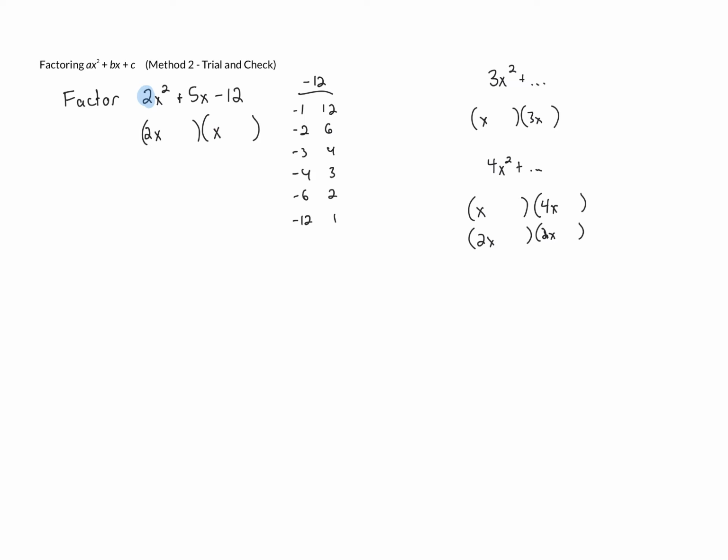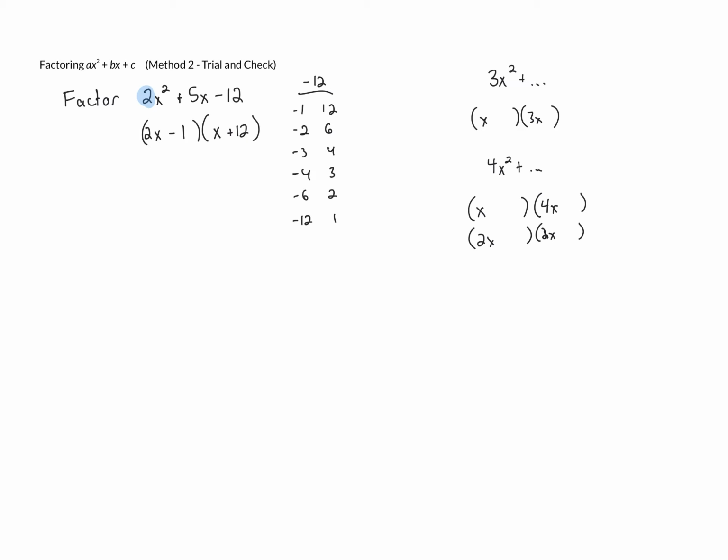So there's 12 possibilities, and this method is called trial and check because we've got to try different possibilities and check to see which one of them gives us 5x for our middle term. So if, for example, we decided to do 2x minus 1 and x plus 12, we know that when we multiply the first terms, 2x times x gives us 2x squared, and the last terms, negative 1 times 12, gives us negative 12.